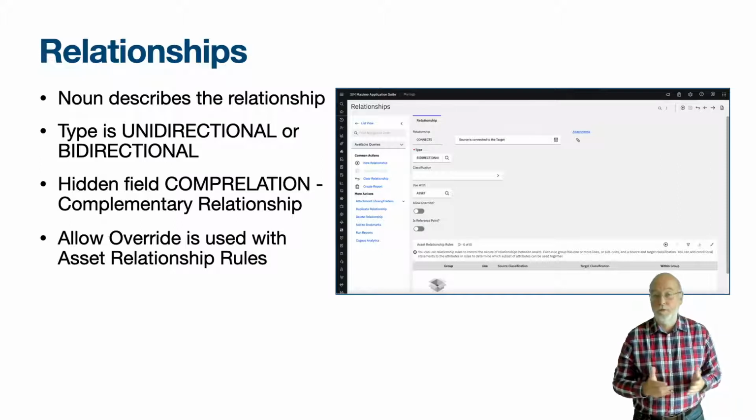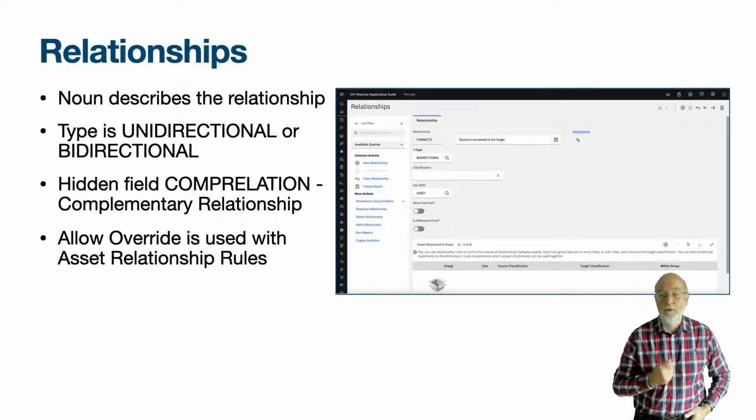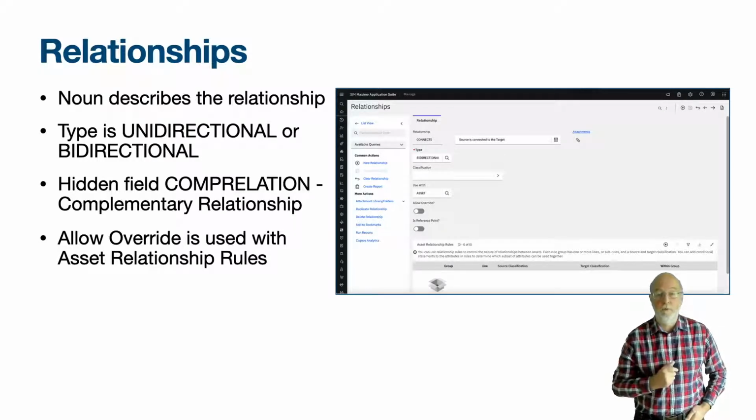There are two other fields that are used with linear assets. The linear field indicates whether the relationship can be used with a linear asset and is useful for separating relationships used for linear from those not used with linear. If you're going to use linear assets, then unhide it so that it can be set.